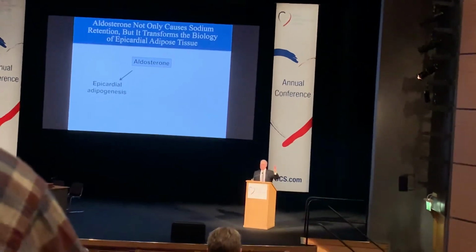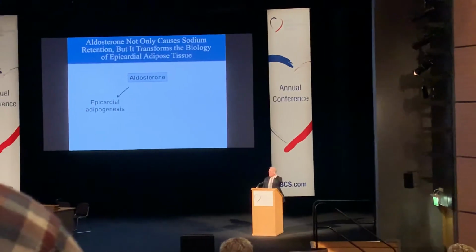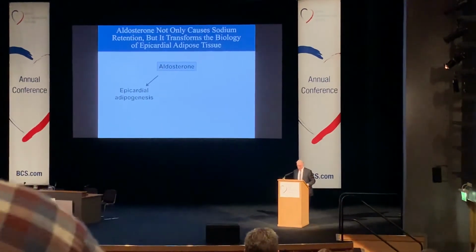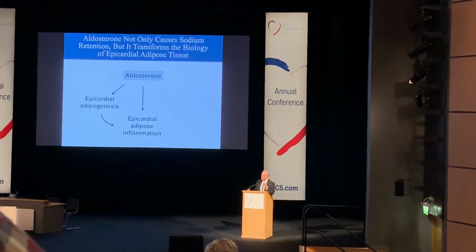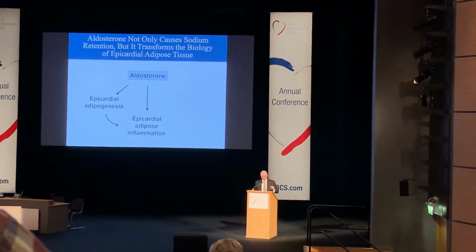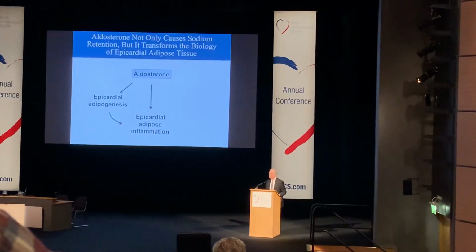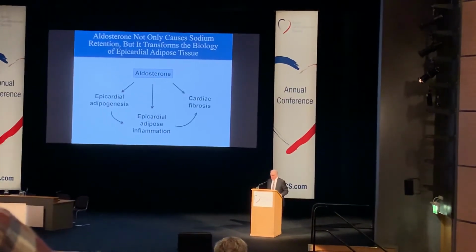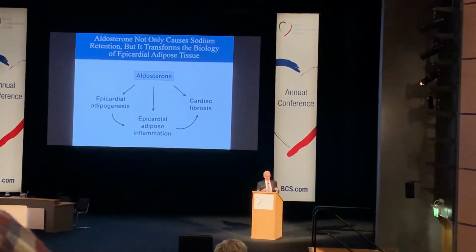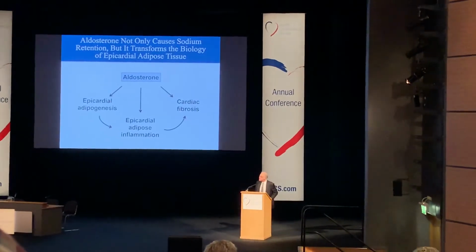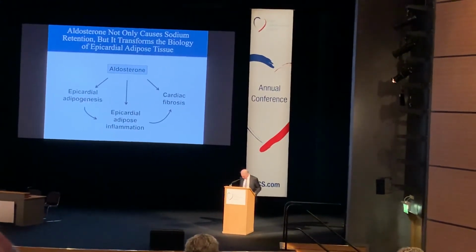Patients with primary hyperaldosteronism have thickened epicardial adipose tissue. It promotes a transformation of the biology from a nurturing biology to a pro-inflammatory biology, and it probably contributes to the cardiac fibrosis, which is so characteristically seen in experimental models of aldosterone excess.